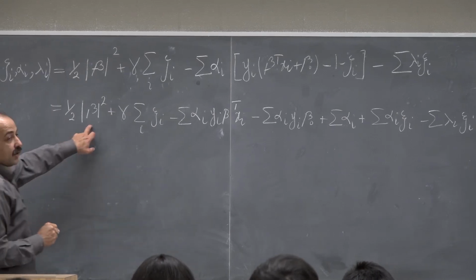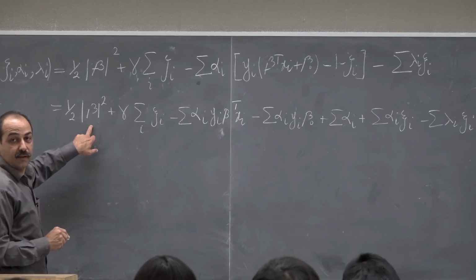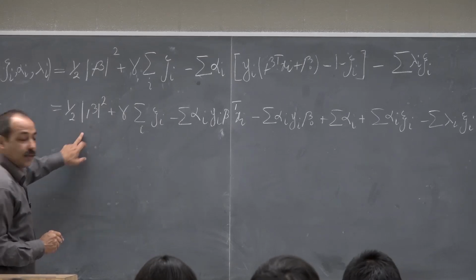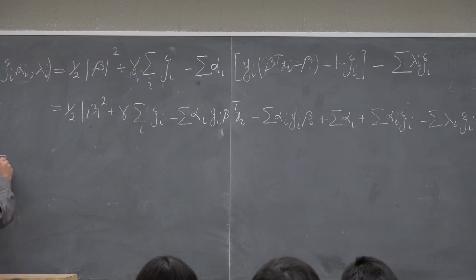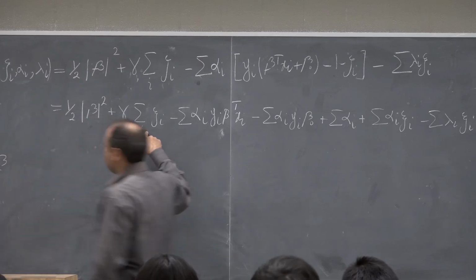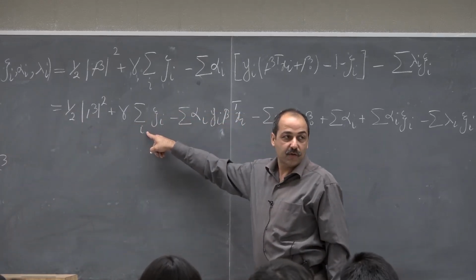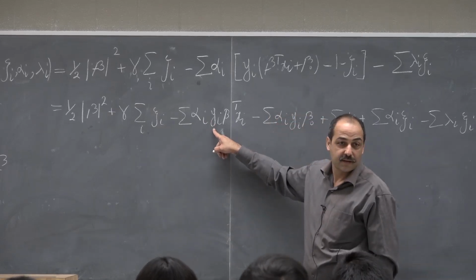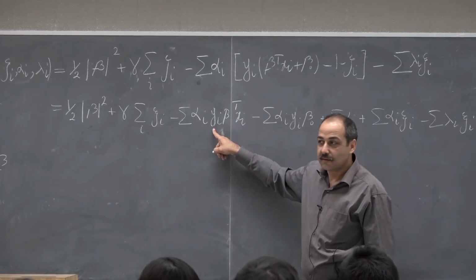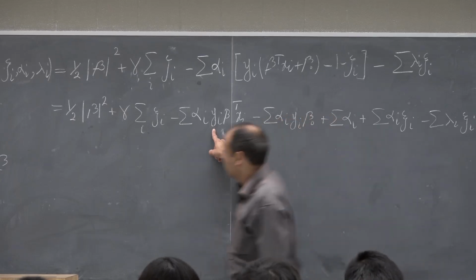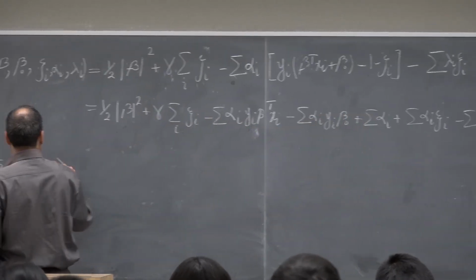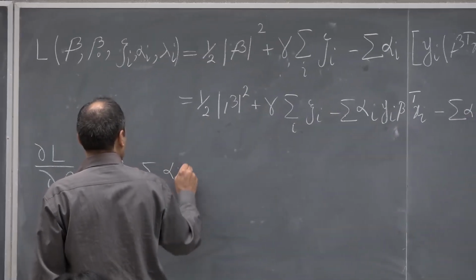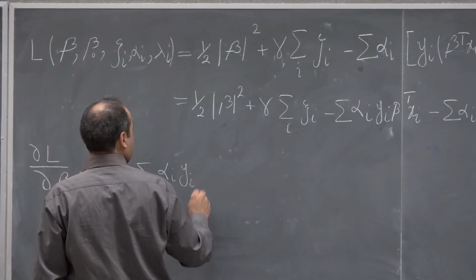With respect to beta, this term is going to be beta, right? This is 0 with respect to beta. This is alpha i, yi, xi.